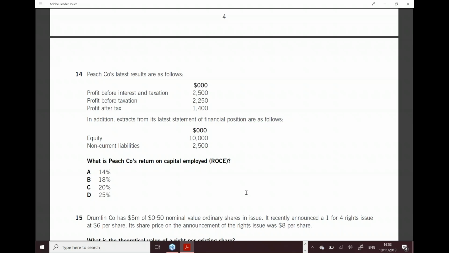The equity and debt show you how an asset is funded, and the cash flows generated depend on the asset. So to work out return on capital employed, I need profit before interest and tax divided by the capital employed. That is 2,500 divided by 12,500, which gives me approximately 20%. So it should be answer C.